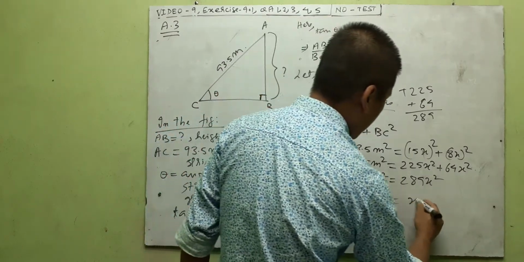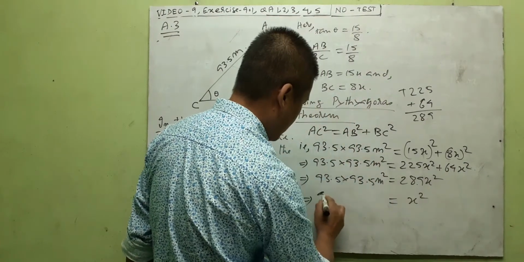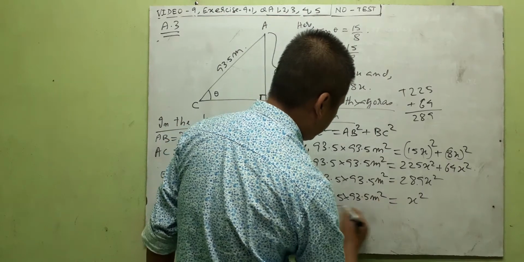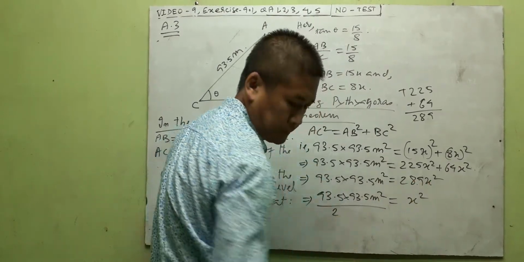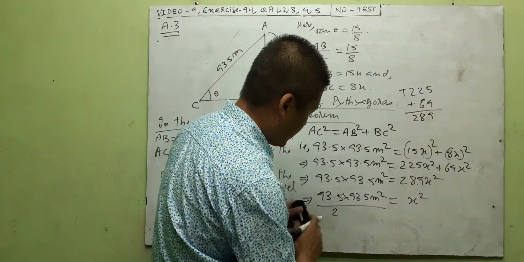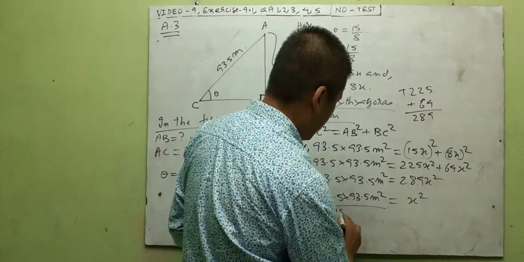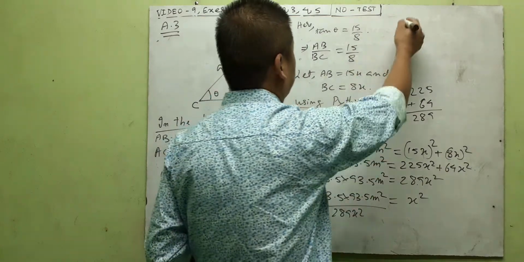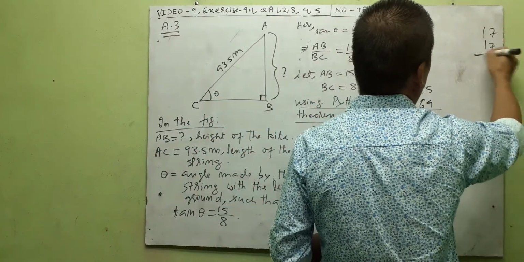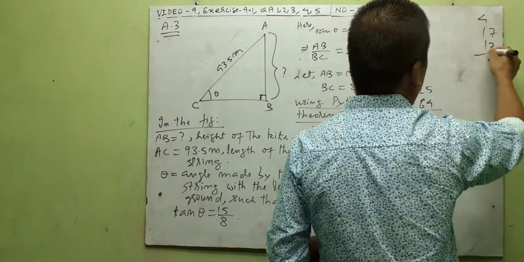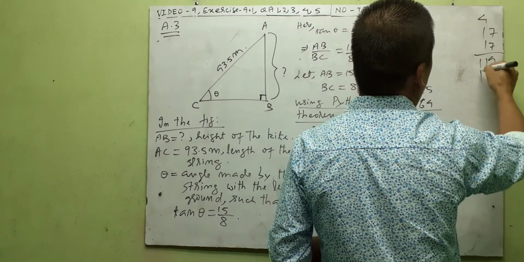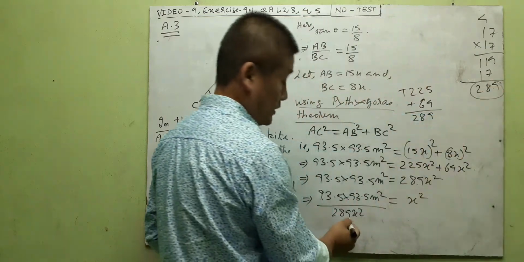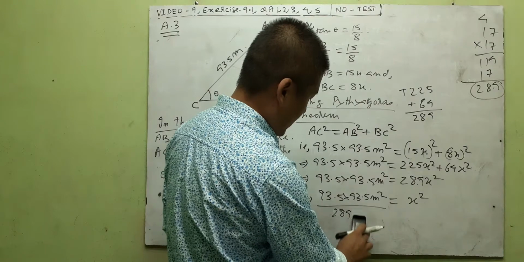So here, if you write x square alone and shift this to this side, 93.5 into 93.5 meters square divided by this factor 289 will come down. Now if you notice here, 17 into 17 is 289, exactly matching this. So sorry, x square will not come down, x square is there.